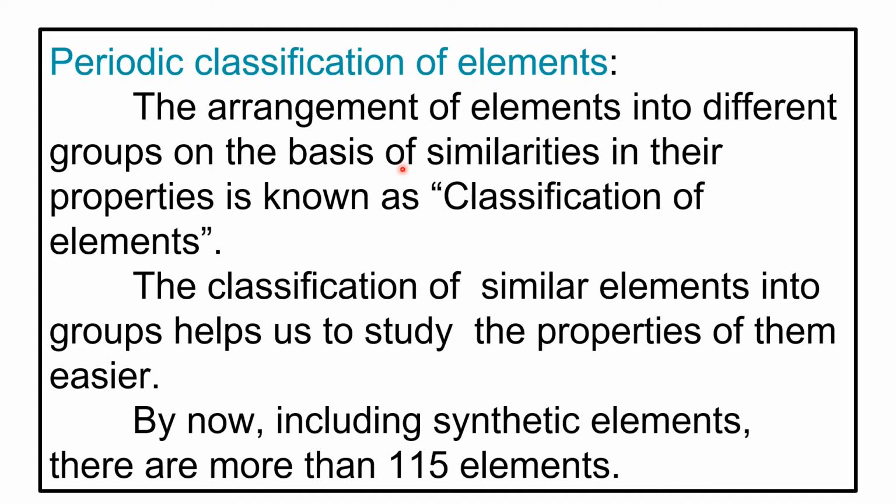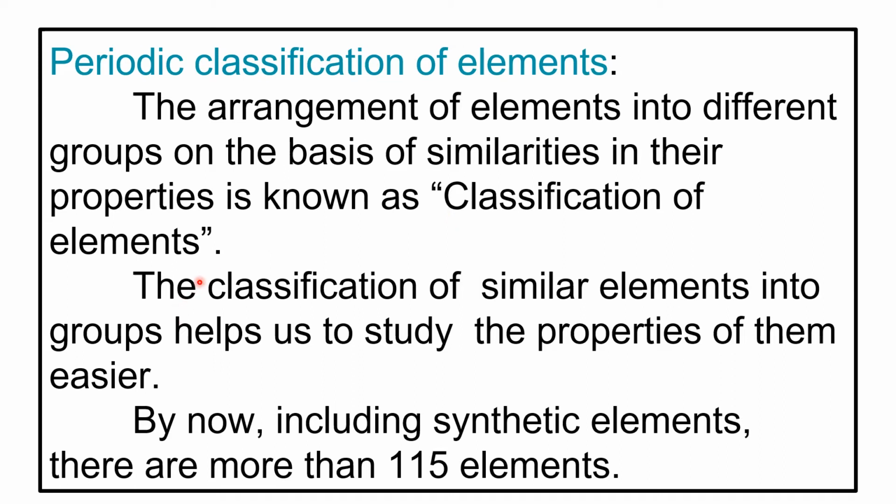So here all the elements which were known were arranged in different groups, and this group is made based on the similarities in their properties. Based on the properties of the elements, that is the physical properties and the chemical properties, they are arranged into groups. This is known as classification of elements.